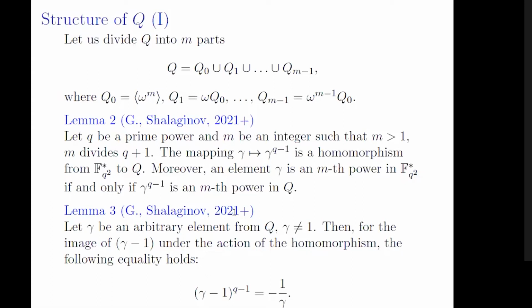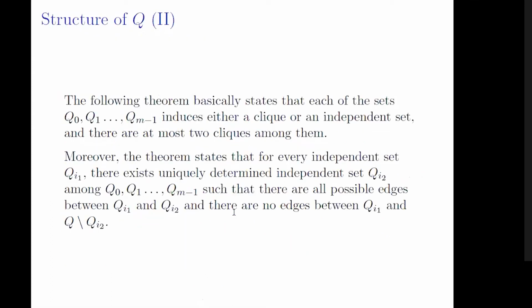So using these lemmas, we proved a theorem. The following theorem basically states that each of the sets Q0, Q1, up to Q_{m-1} induces either a clique or an independent set, and there are at most two cliques among them.